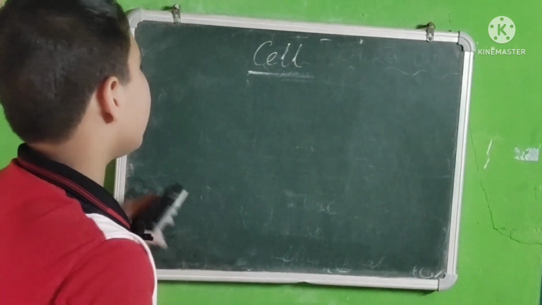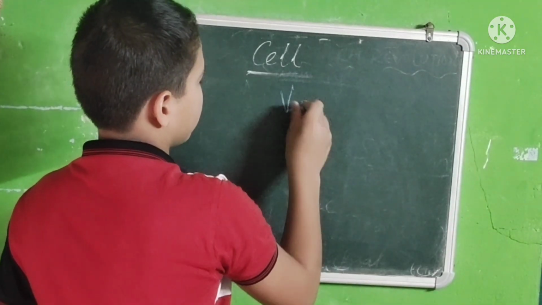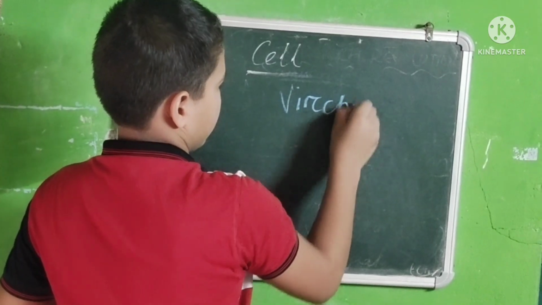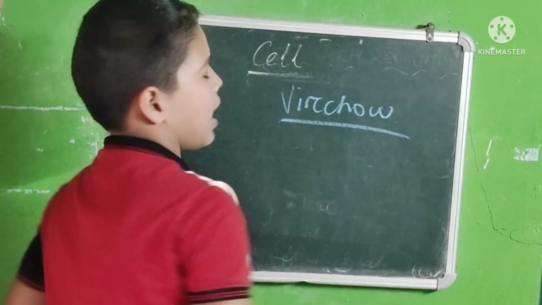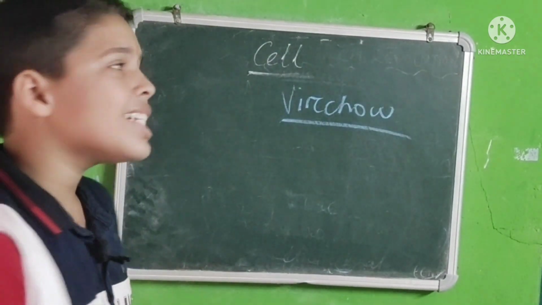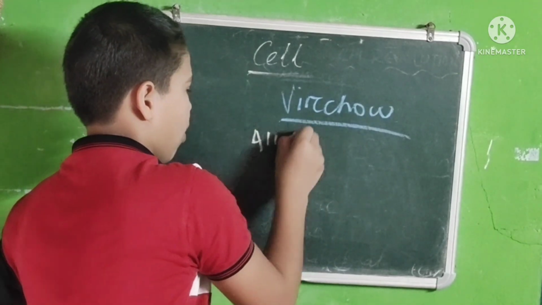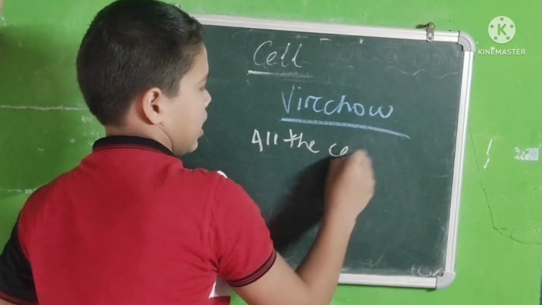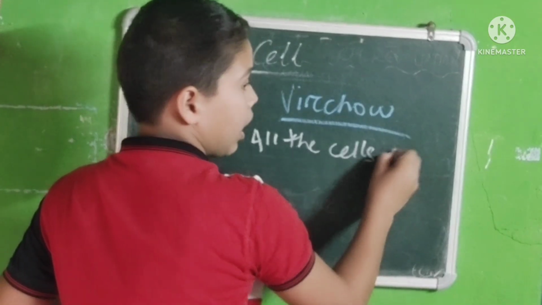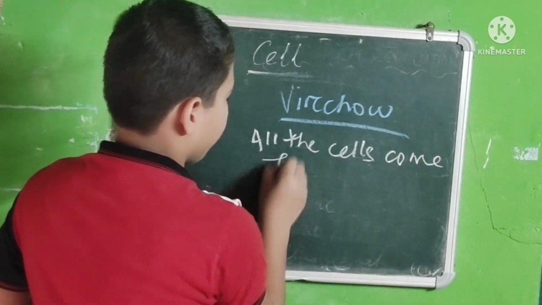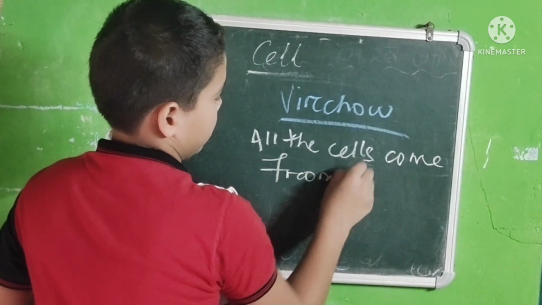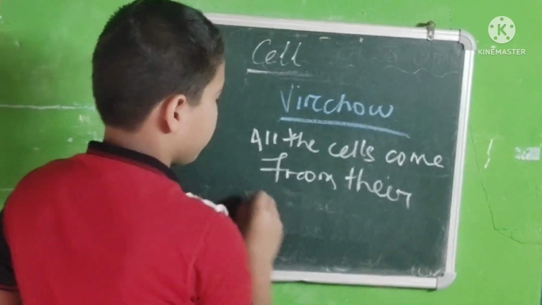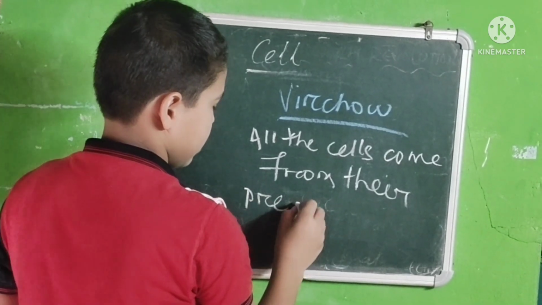Another scientist, Virchow, stated that all cells come from their pre-existing cells.